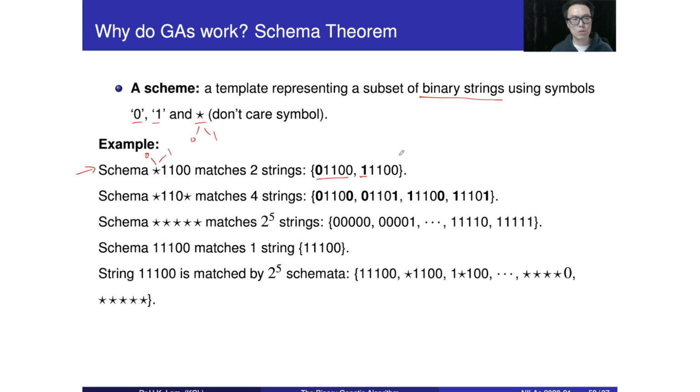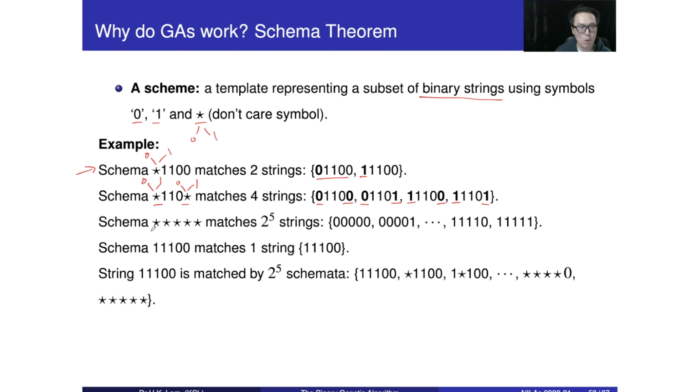So 2 strings. If we have 2 stars, we have 4 combinations, because each star can be 0 or 1. We will have 4 combinations: 0, 0, 1, 1 for the first, and the last one will be 0, 1, 0, 1. So this schema represents 4 strings.